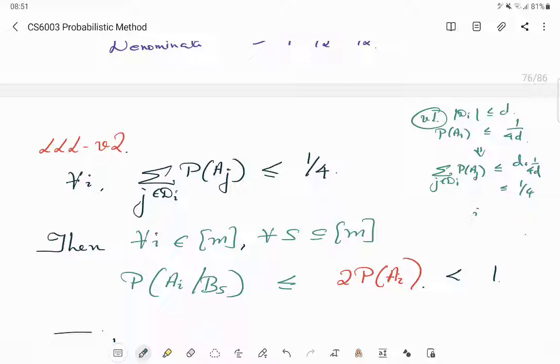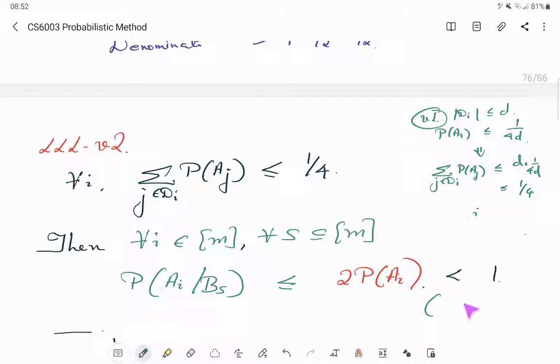None of the events can be in itself more than 1 by 4. This is true except in cases when the dependency graph has some isolated nodes, but then you remove them, because those events do not depend on anything else, so you can really remove them.